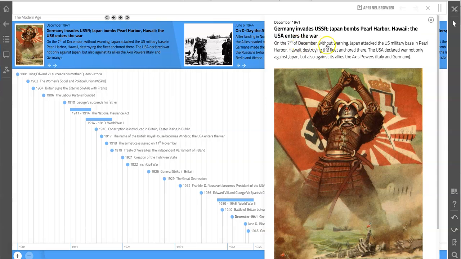On the 7th of December, without any warning, Japan attacked the US military base in Pearl Harbor in the Hawaii Islands, destroying the fleet which was anchored there in the harbor. The USA declared war not only against Japan, but also against its allies, the Axis powers, which were Italy and Germany.